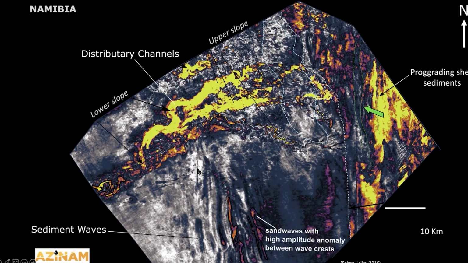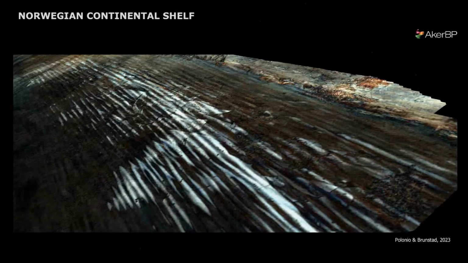And then laterally you see these wavy phases that are sediment waves. And the interesting thing of this example is that there are sandy deposits, or sandier deposits, with high amplitude anomalies between the wave crests, initially linked to the sediment supply through the canyons and then reworked by bottom currents laterally.